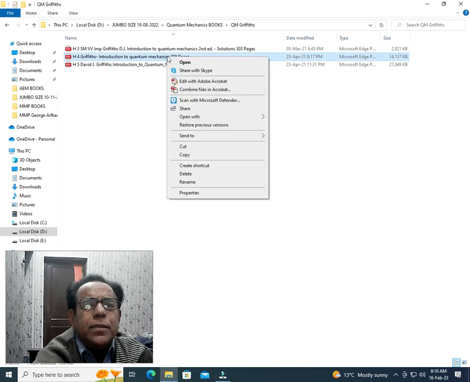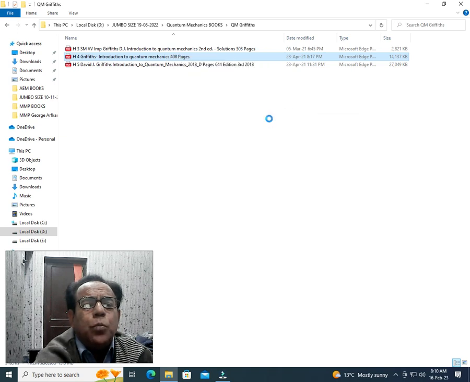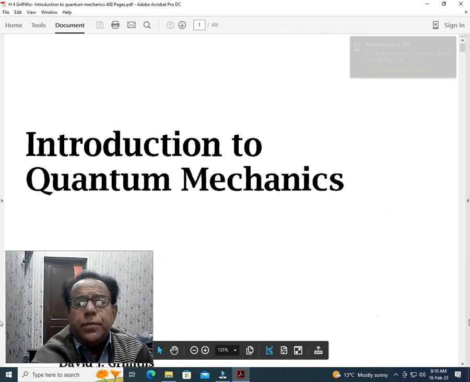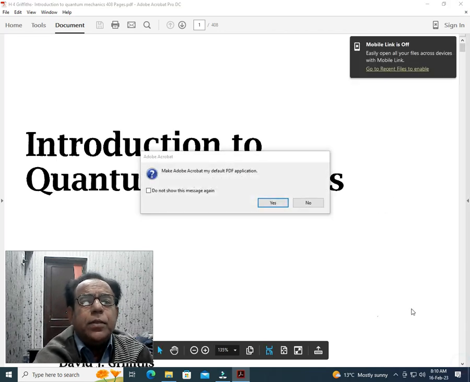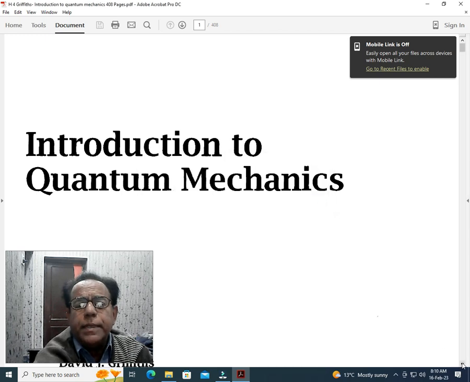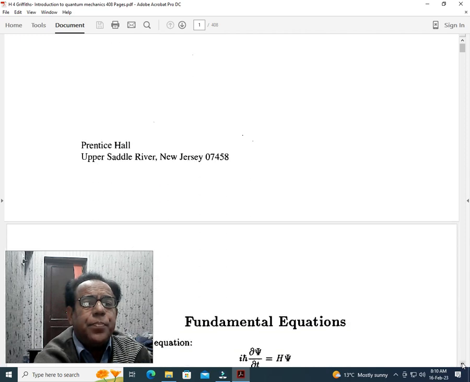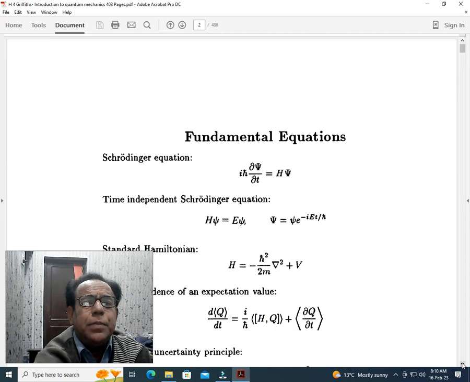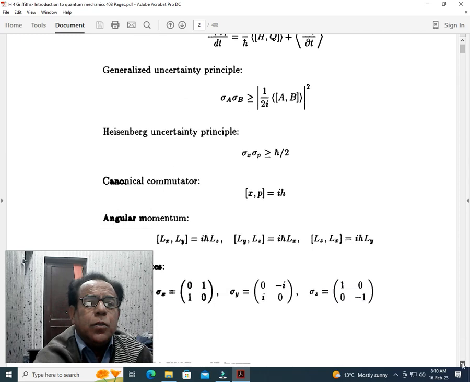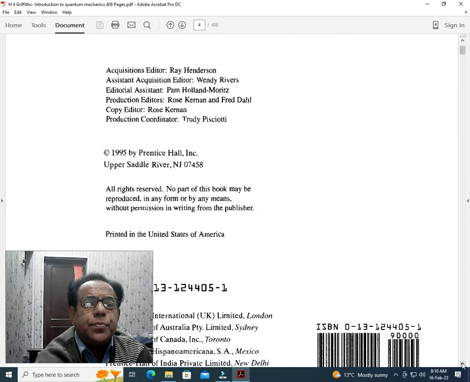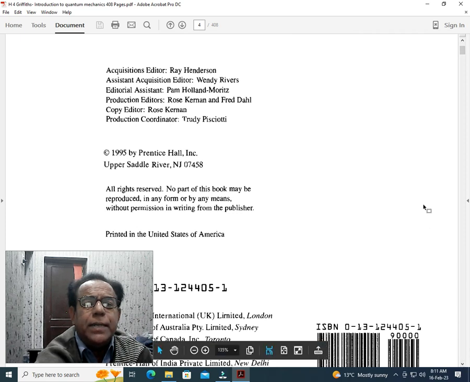first we open the previous edition. Okay, then we will open the new edition. Okay, we see Introduction to Quantum Mechanics, David J. Griffiths. Prentice Hall is the publisher. Okay, this book was published in the year 1995.